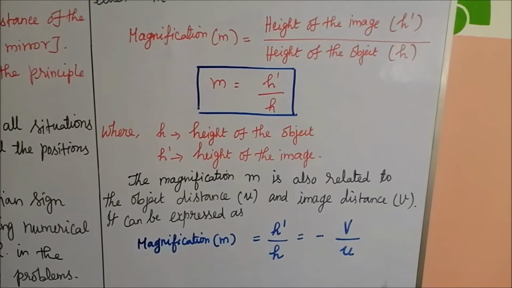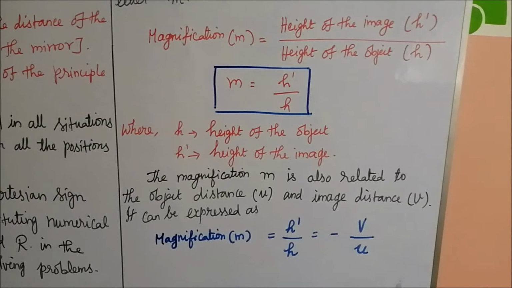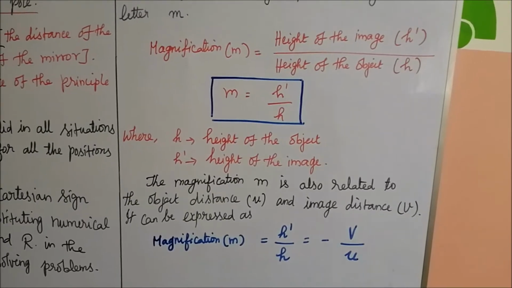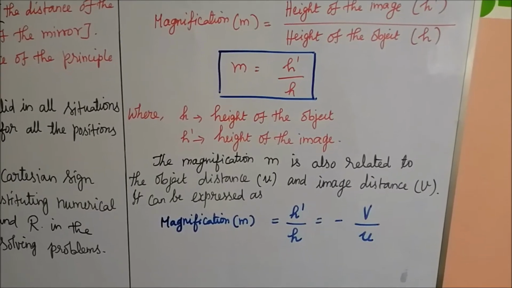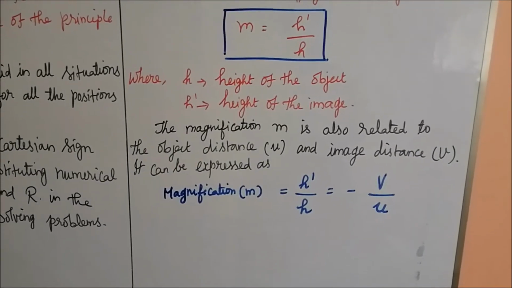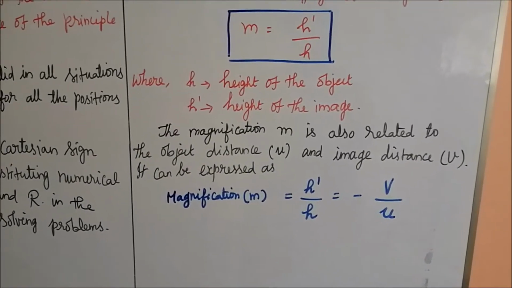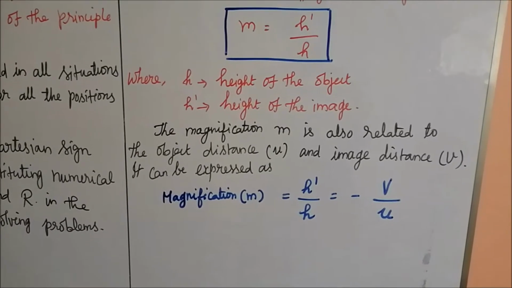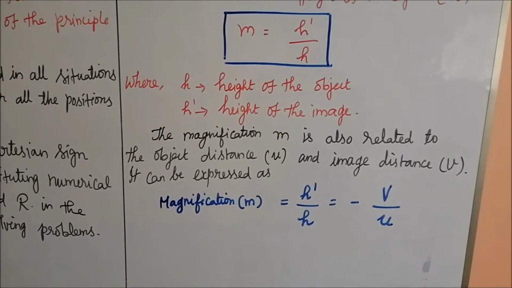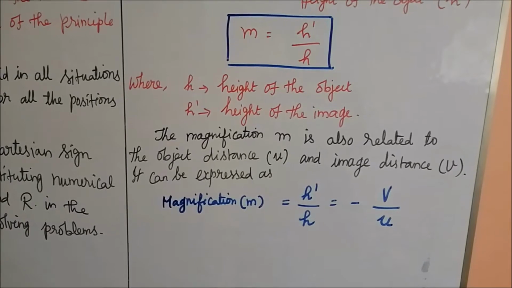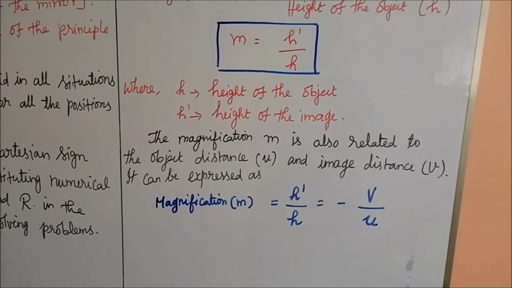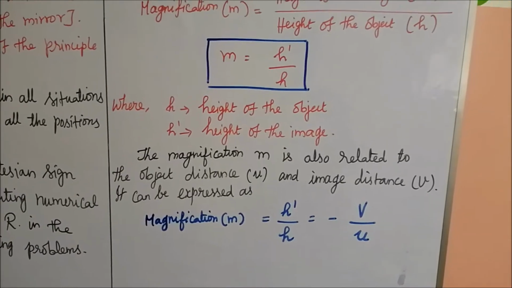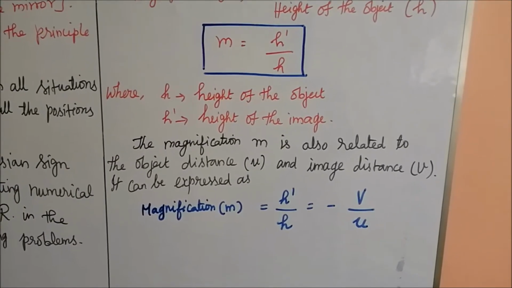The magnification M is also related to the object distance U and the image distance V. It can be expressed as magnification M is equal to h dash by h is equal to minus V by U. We have the negative sign here because we should use the new Cartesian convention system.